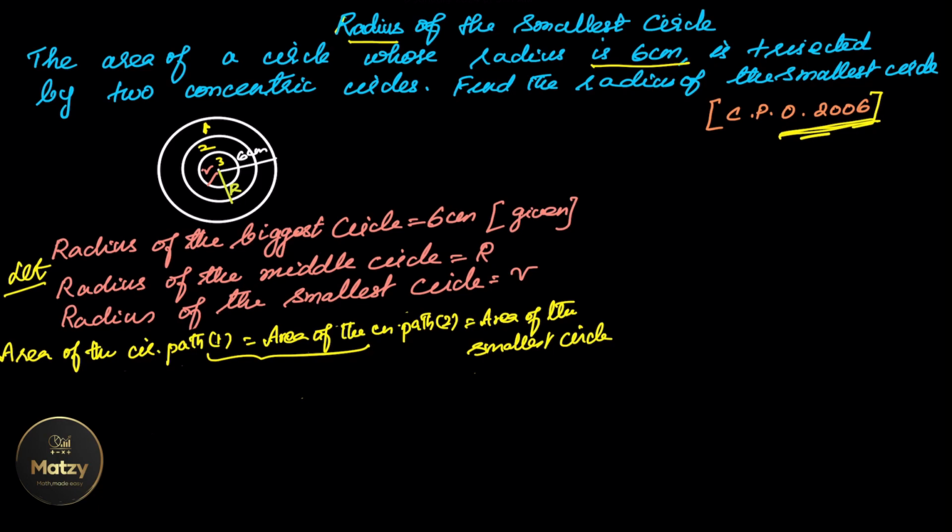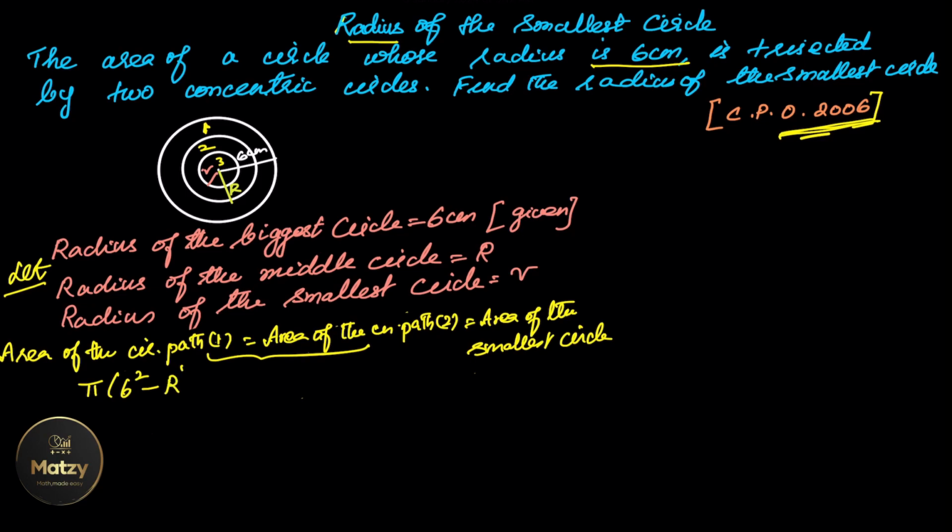Let us start. How to find the area of the circular path? We have the general formula. Area of the circular path is equal to pi into capital R square minus small r square. Now let us substitute in that formula for the area of the circular path 1. What is capital R? 6. 6 square minus capital R square, since I have taken capital R as the radius of the middle circle.